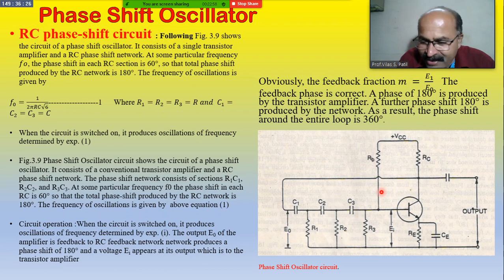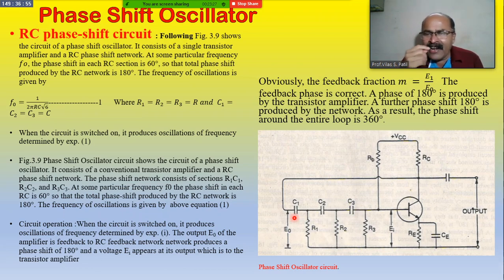Here the ladder circuit is used as the feedback network, and the output of this feedback network, see here, this is the output, and here we use a jumper, and using the jumper, the output is connected back to the input of this ladder circuit. This is the assembly of the ladder circuit, the three RC network R1C1, R2C2, R3C3.